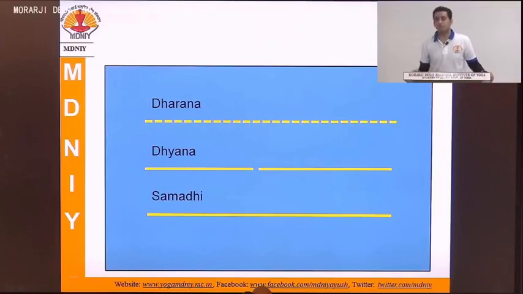That is dharana. But if you do it for a prolonged period, that is dhyana. And later on, as I told you earlier, when the object and the subject have merged and only the process remains, that is samadhi. You can see dharana, dhyana and samadhi. Before this you have to remember all those practices which I have told you earlier.